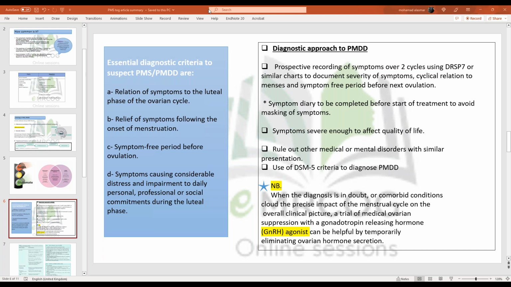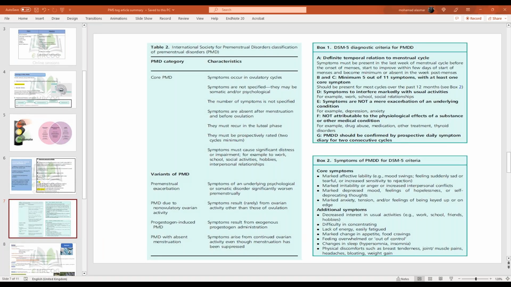Okay, I'm trying to make it very simple for you guys. The DSM criteria is a criteria used to diagnose psychological disorders, okay?